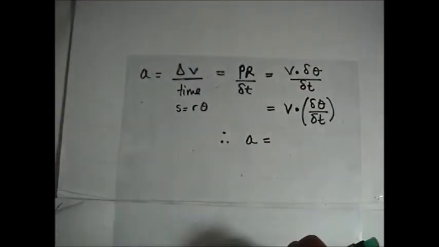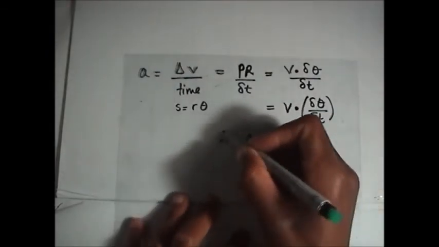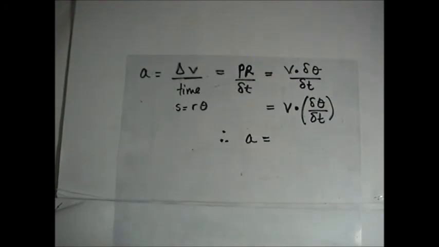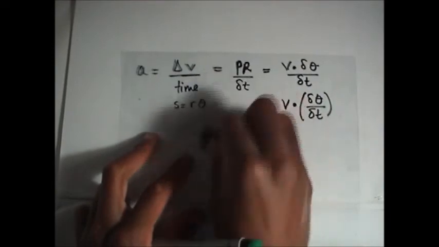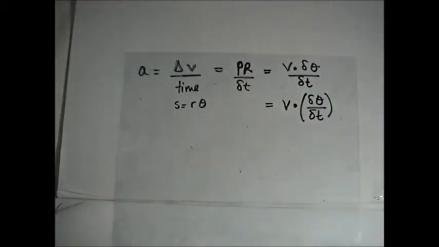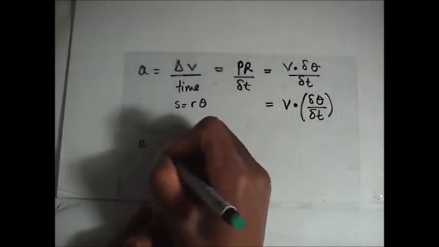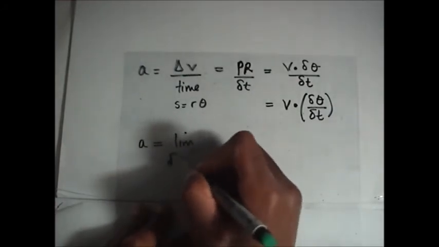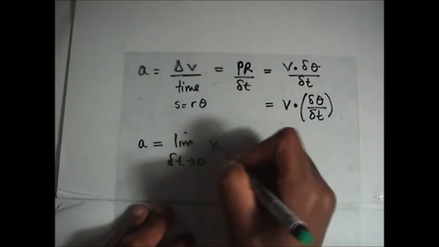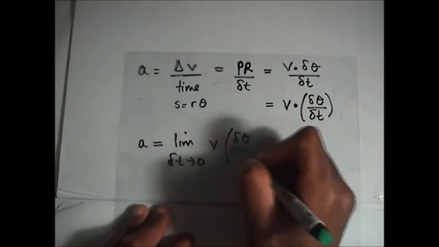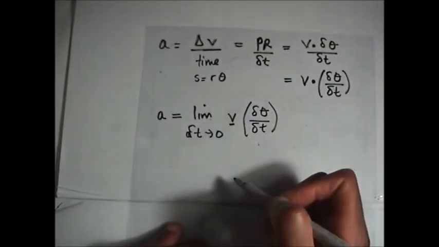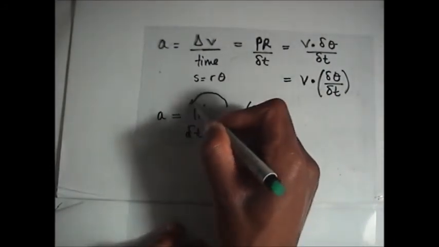Now I'm going to do a bit of calculus. Because we're considering a small change in time, let that change in time approach 0 for us to get an accurate value. Therefore, a is equal to the limit as delta t approaches 0 of V delta theta over delta t. V is a constant, so it goes out of the limit sign.